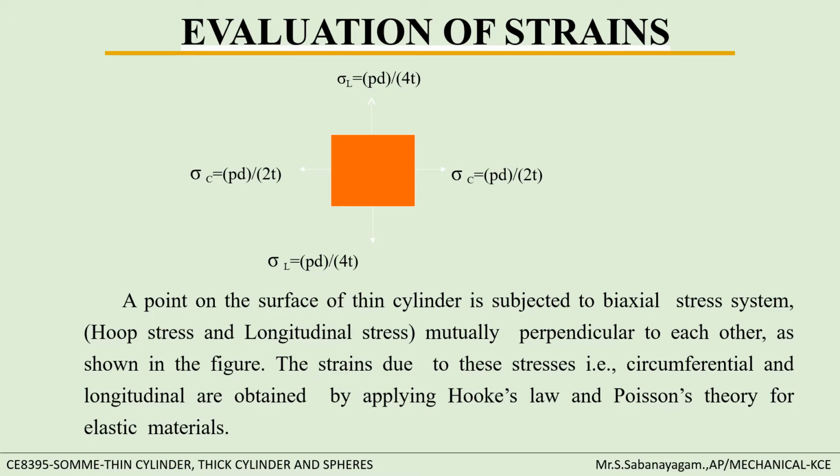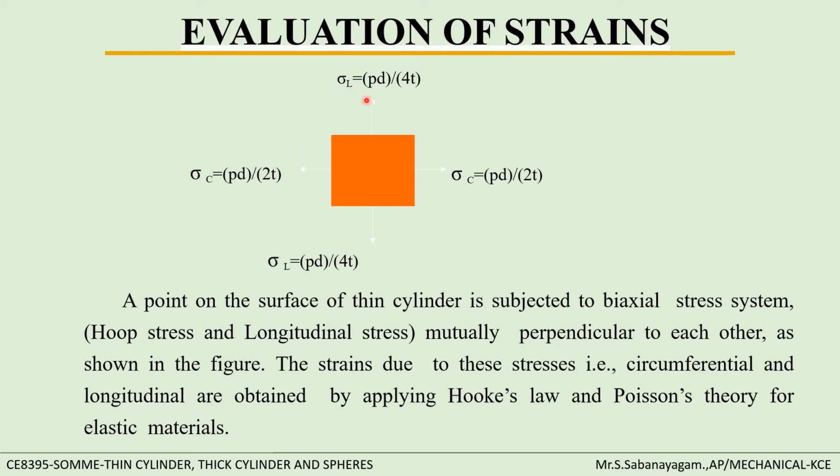This is termed as the diametral portion, and hence the circumferential stress will act along the x-axis, and in the y-axis it will be the length part or longitudinal part, and hence the longitudinal stress will act along the y-axis. So sigma c is the circumferential stress, and PD by 2T is the formula to find it, which was derived in the previous video.